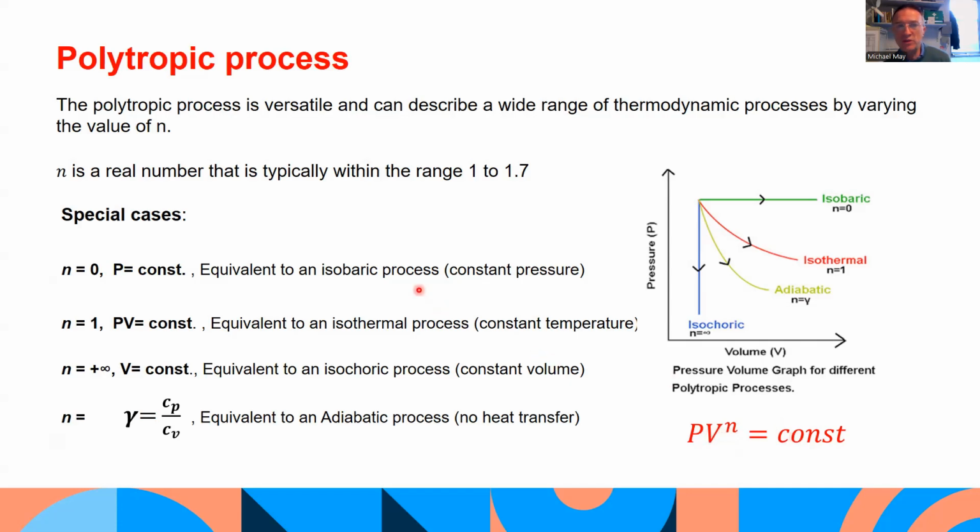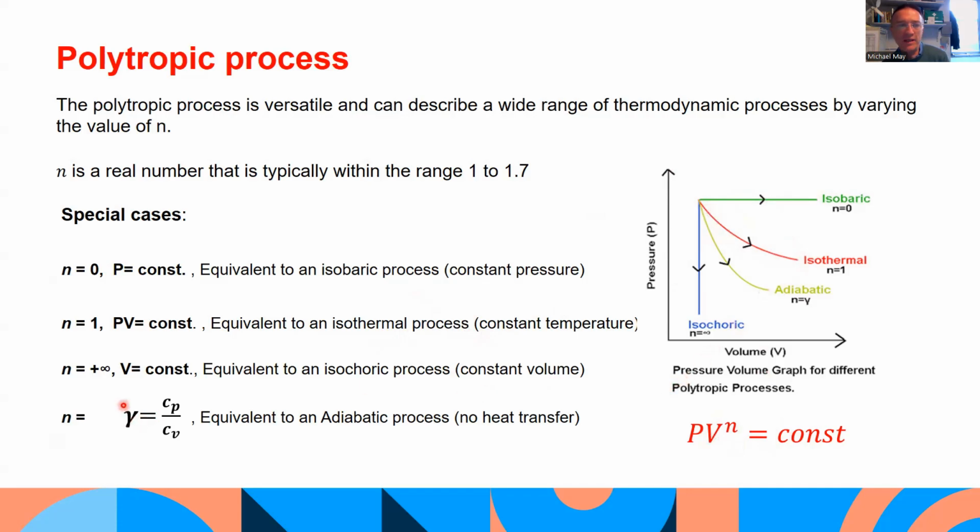That's equivalent to an isobaric process at constant pressure, and that would be this line up here. If we let n equal 1, V to the power of 1 is just V, so PV equals constant, equivalent to an isothermal process, a process at constant temperature, so that would be this line here.